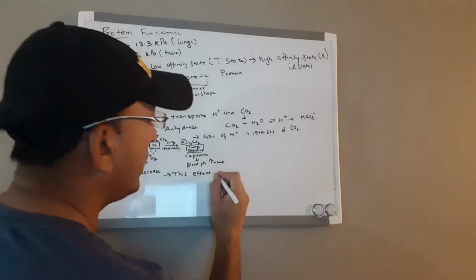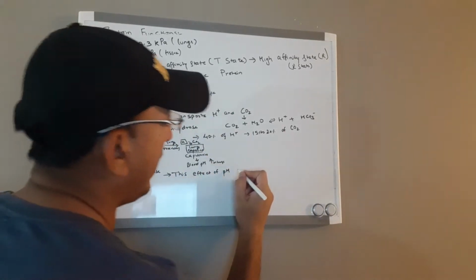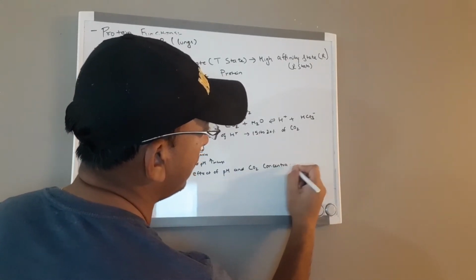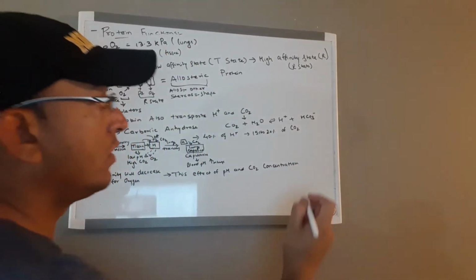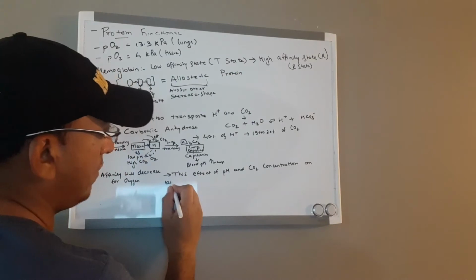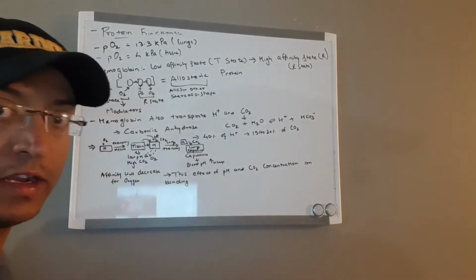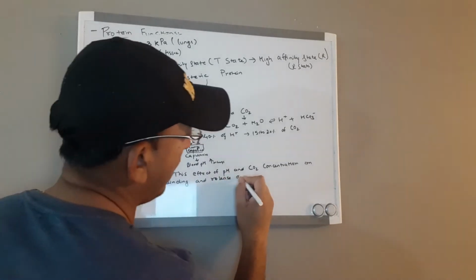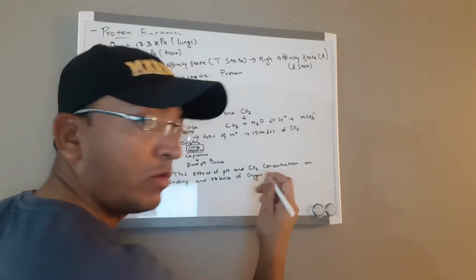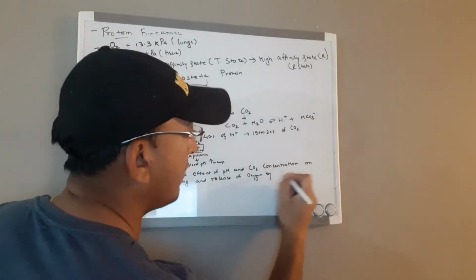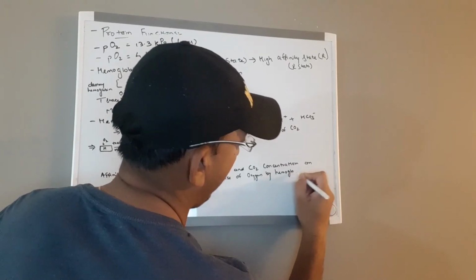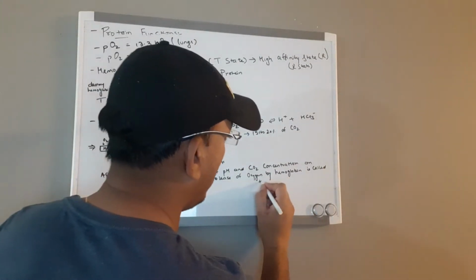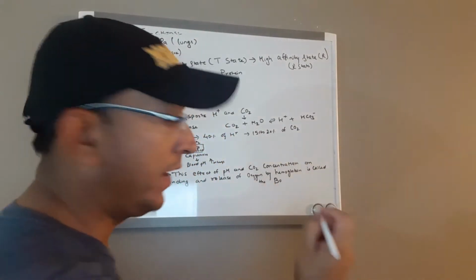This effect of pH and CO2 concentration on the binding and release of oxygen by hemoglobin is called the Bohr effect.